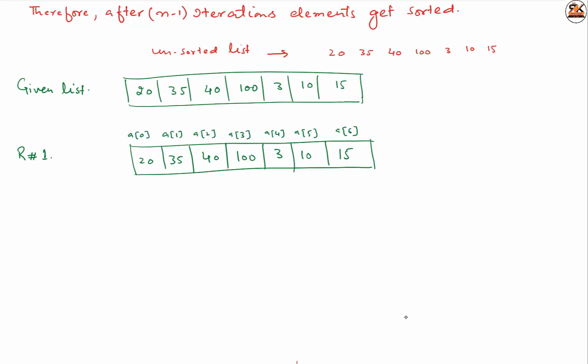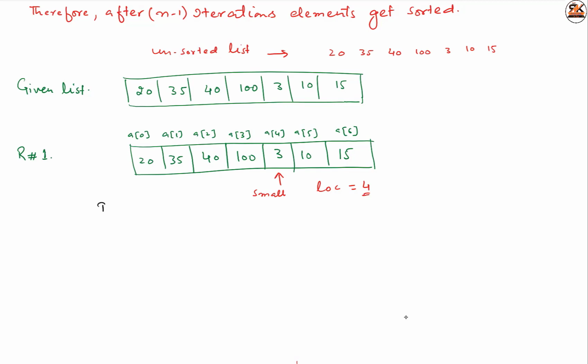We have to find the location of the smallest element. So here in this case the smallest element is 3, and here I will write it as small, and location is equal to 4. So the index for this smallest element in this unsorted list is 4, and in the first round what we do is we find the location of the smallest element and then we interchange the element at that location with the first element.